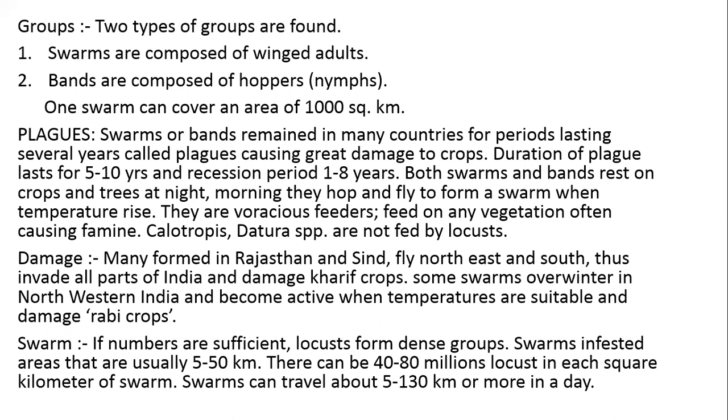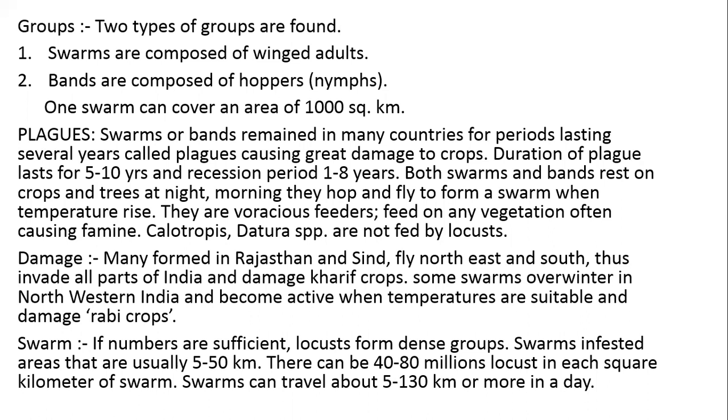Both swarms and bands rest on the crops and trees at night. Morning they hop and fly to form a swarm. When temperature rise, they are voracious feeders, feed on any vegetation, often causing famine. Calotropis and datura species are not fed by the locusts.